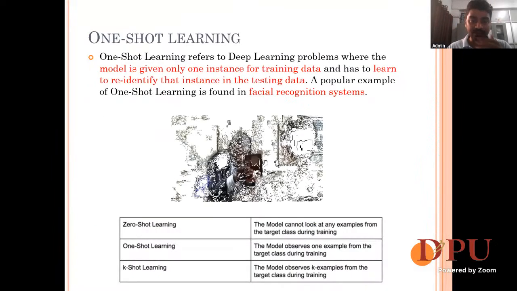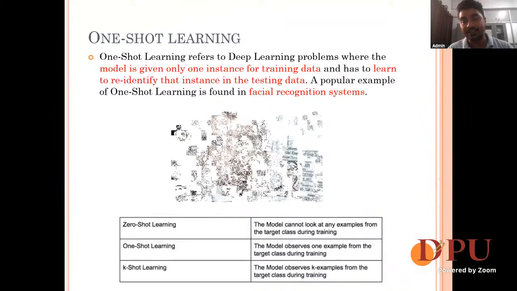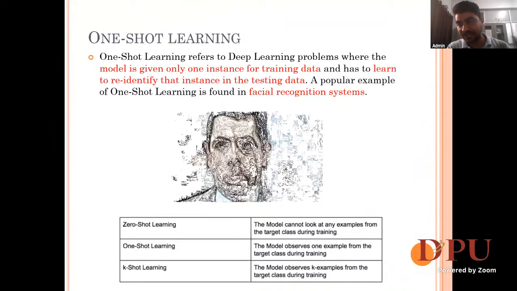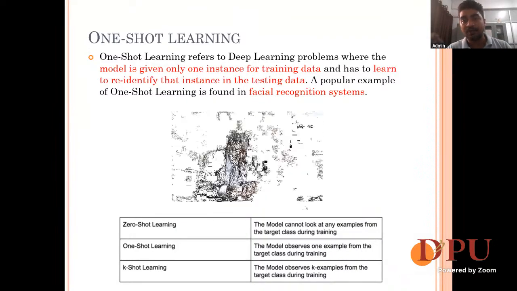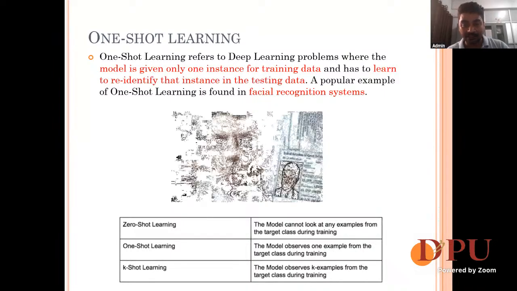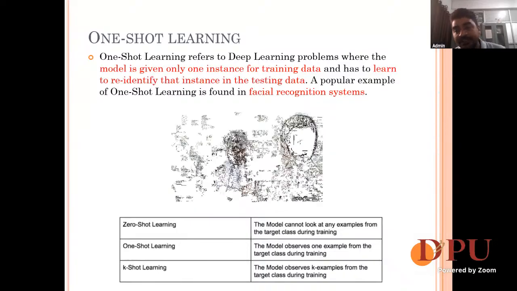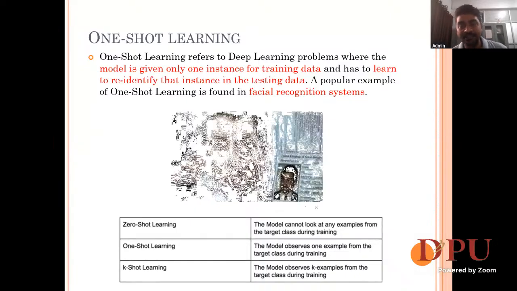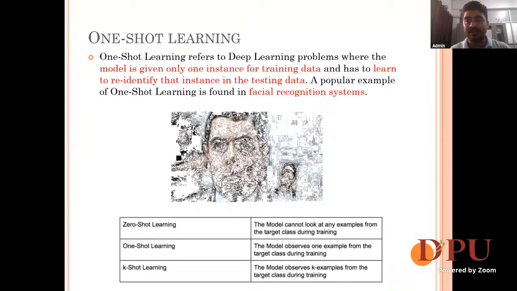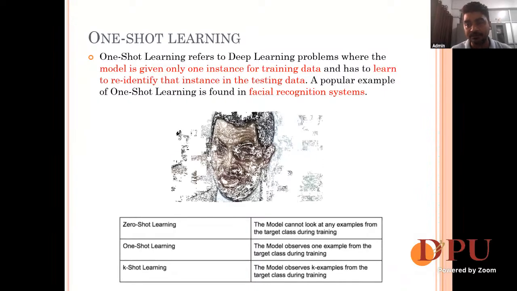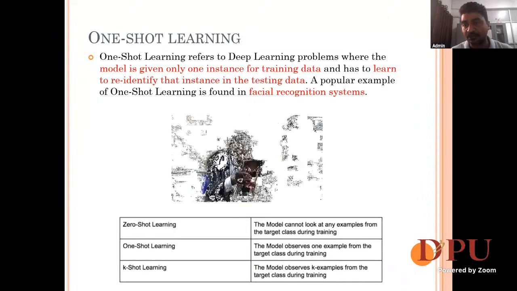And another thing is one-shot learning, where there is no as such training data. You have one data, for example, the model can't look into the examples. It can be 0 shot, it can be 1 shot, or it can be K shot. In medical imaging, it's not hugely used, but nowadays few shot learning many people are using, but not 1 shot and 0 shot too much.